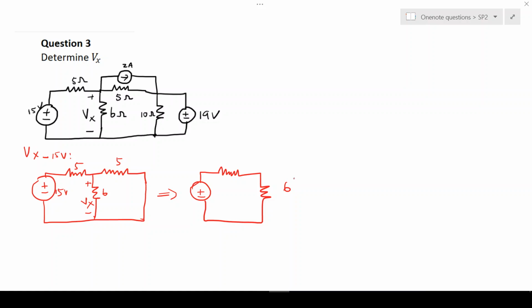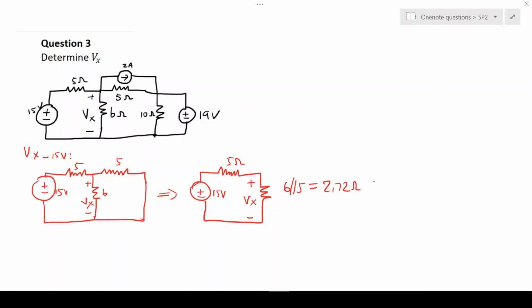That will be the 6 ohm in parallel with the 5 ohm, which gives you a value of 2.72 ohms, which will be now connected in series with the 5 ohm. And what's important to note is because these two were connected in parallel, that value of Vx won't change.